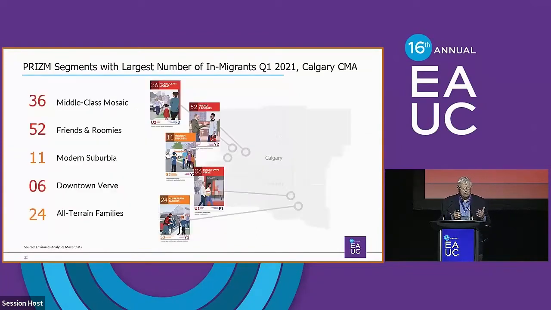And I tied those back to PRISM to get, this is Calgary data, these are the 5 top segments of movers into Calgary in the first quarter of 2021. So this is an important new product that will allow us probably to improve our estimates, our demographics, as well as start to point to growth areas of the country.